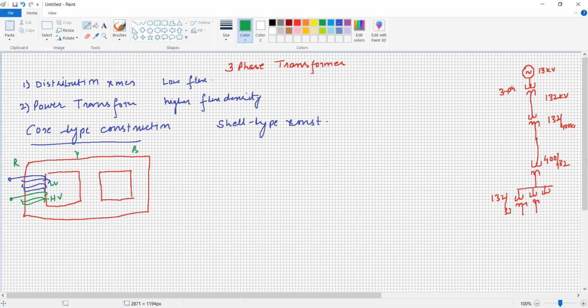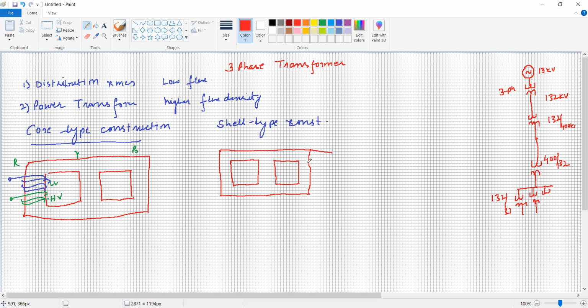But if you are using the shell type construction, the winding is surrounded by core. So there are three windings, where we will place HV winding and LV winding on the same limb to reduce the leakage fluxes.